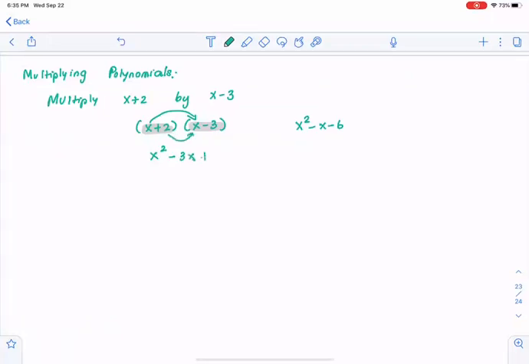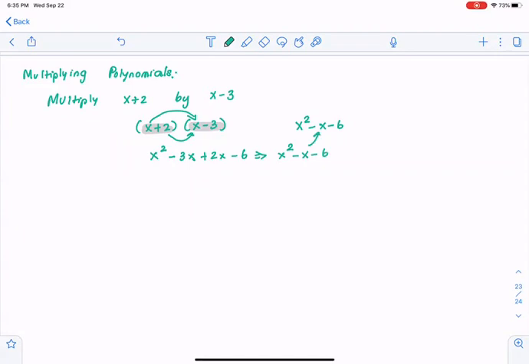The inside part is plus 2x. And the last would be 2 times minus 3, which would give us minus 6. And if we simplify, x squared minus 3x plus 2x is minus x, minus 6, and that would give you that answer.